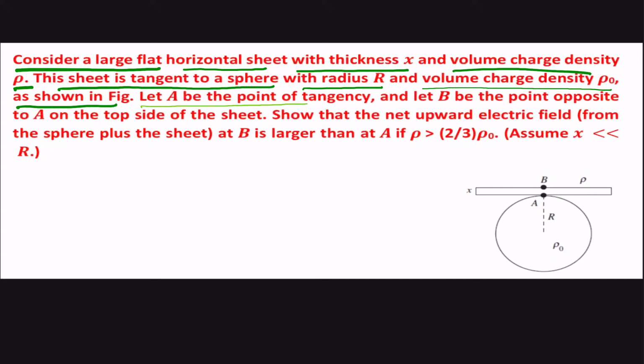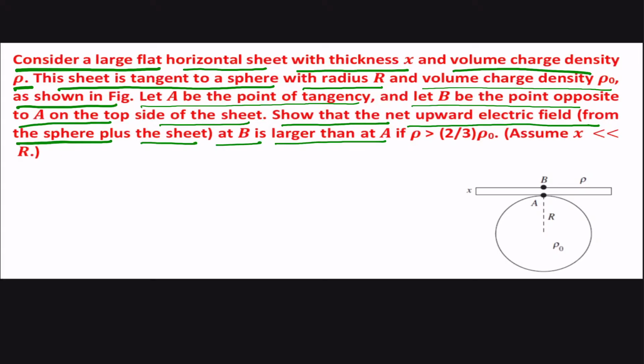Let A be the point of the tangency and let B be the point opposite to A on the top side of the sheet. Show that the net upward electric field from the sphere plus the sheet at B is larger than A if rho is 2/3 of rho naught. Assume x is much smaller than r.